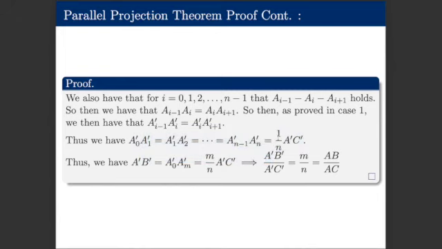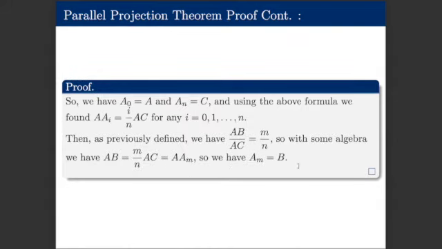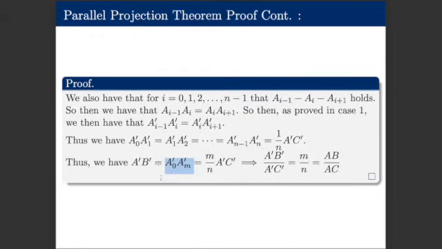And so we get this same value again, that the distance of each individual segment is 1 over n times A prime C prime. So we come back full circle, and we have A prime B prime is equal to this, since we had defined that here, that B is equal to AM. And so we get m over n A prime C prime.